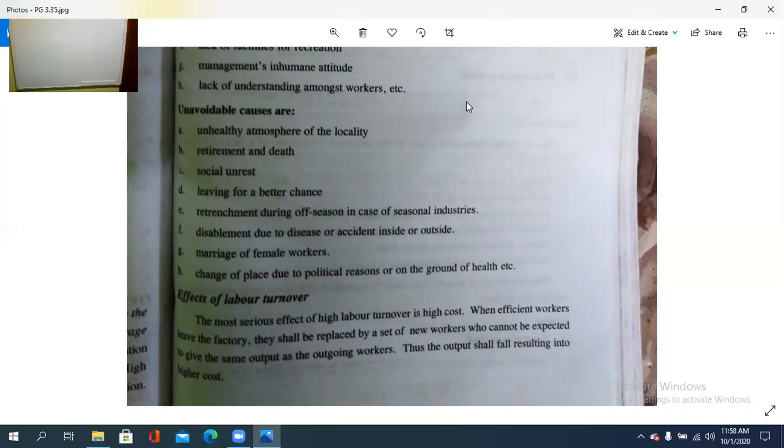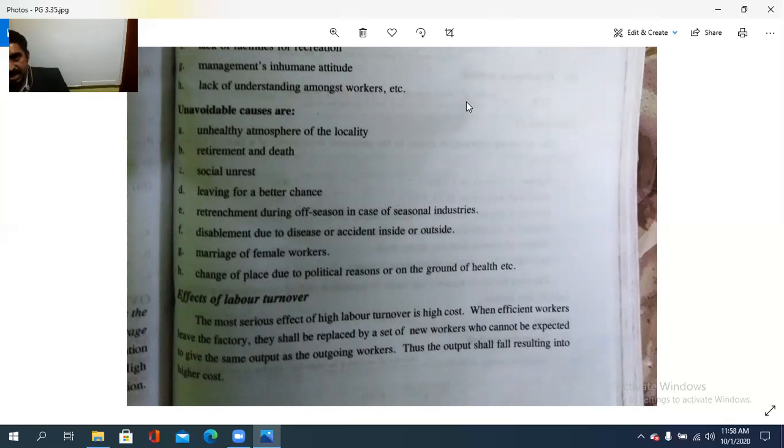So cost increases, and then labor unrest occurs again. Because efficient workers are leaving the organization, and those who joined in their place are less capable compared to such efficient workers, the output level will fall, so that higher cost also will be incurred. So that is one of the effects of labor turnover.